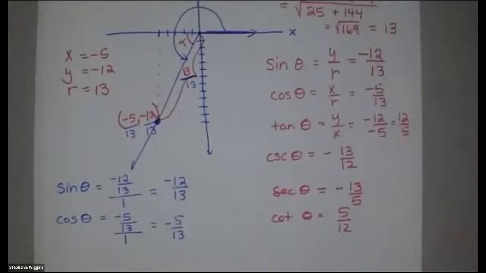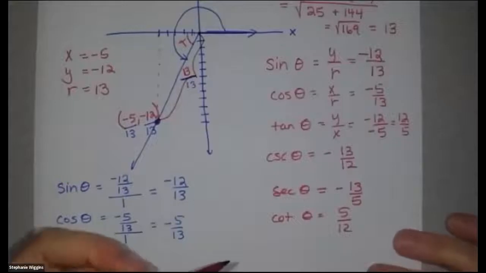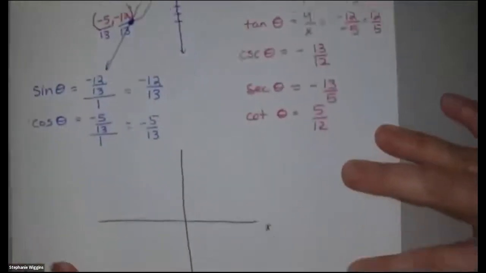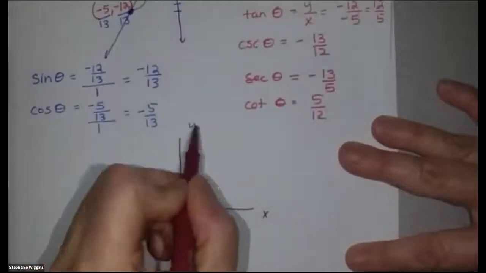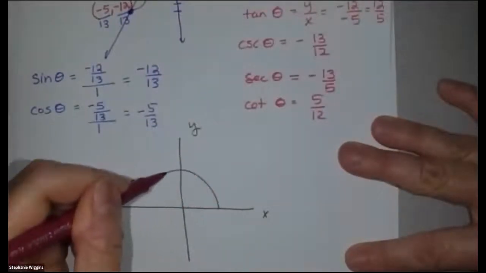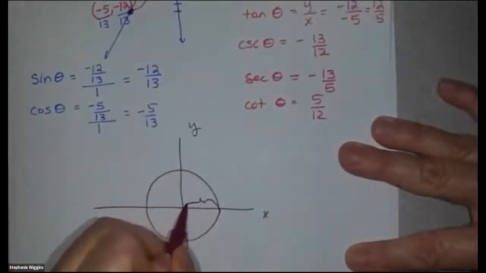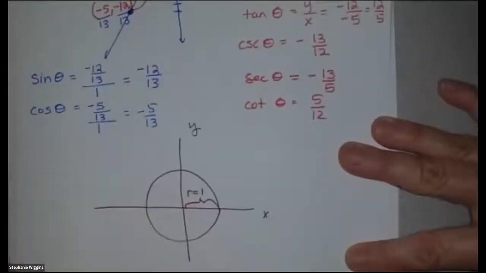So from now on, we're just going to work with triangles that have length 1 for the radius, or for the hypotenuse, and those come from the circle. It's like a central angle. So we're going to be looking at the coordinate plane x, y, and we're just going to be looking at the unit circle with radius equal to 1.